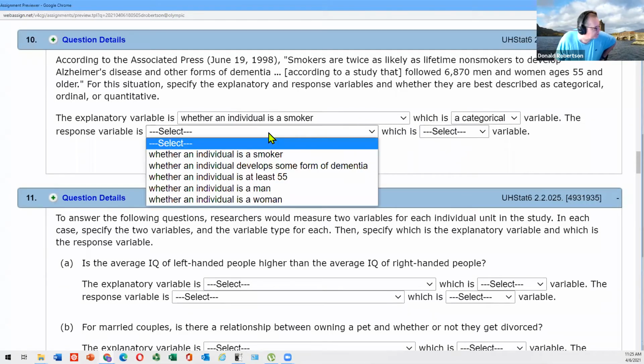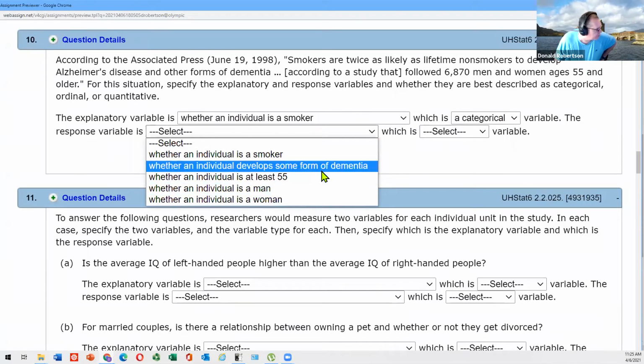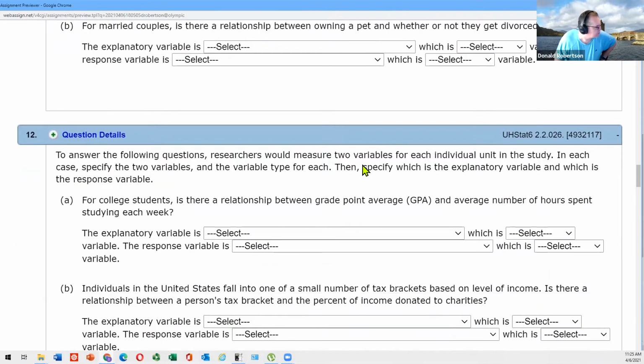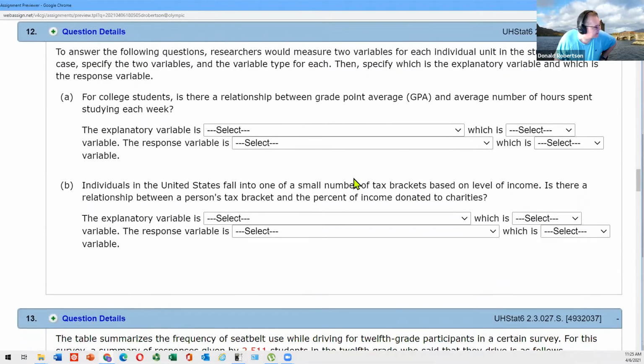And the response was whether you developed dementia, and that is also just categorical, because getting dementia or not, I don't think there's an order to it. So you can see it's kind of the first guy is explanatory, the second guy, in this case, smokers, dementia, right? Smokers, yes or no, dementia, yes or no.